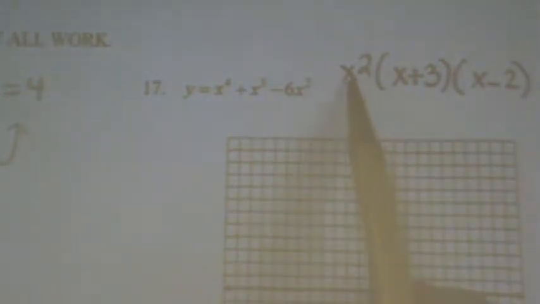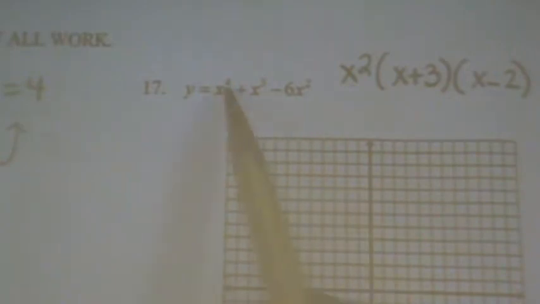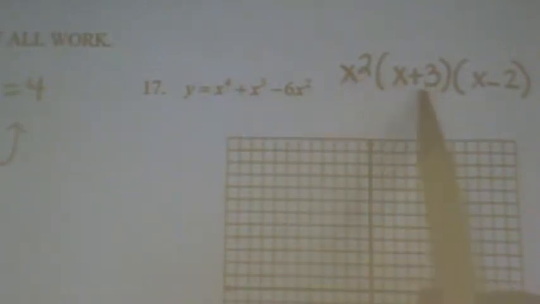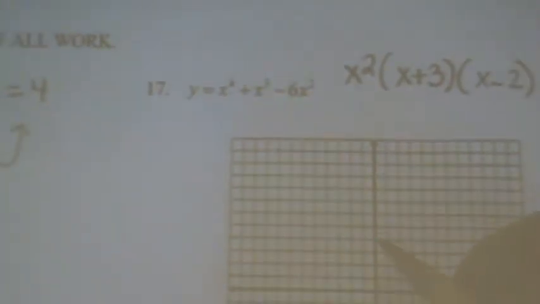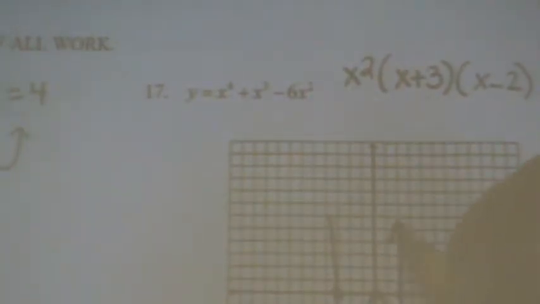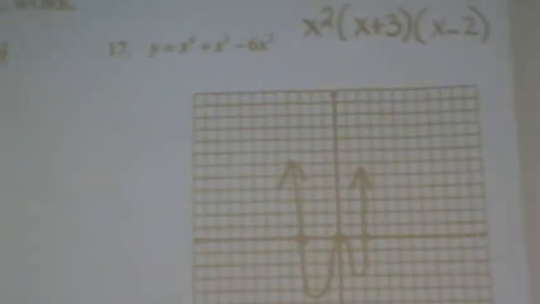You have a 0 at 0, -3 and 2, and it's up, so you should touch at 0. So at -3, 2 and 0, this one's almost similar to that last one. It's like that.